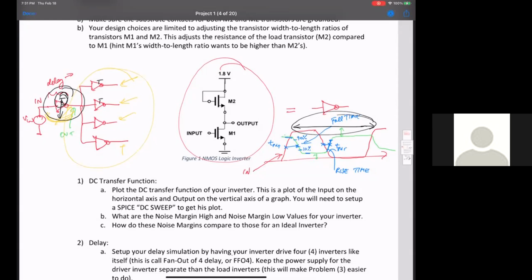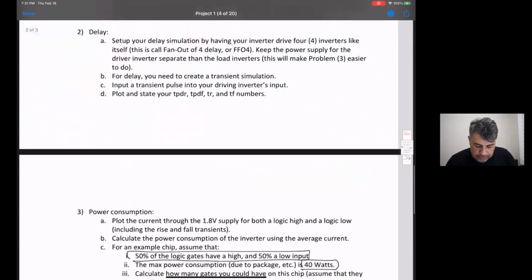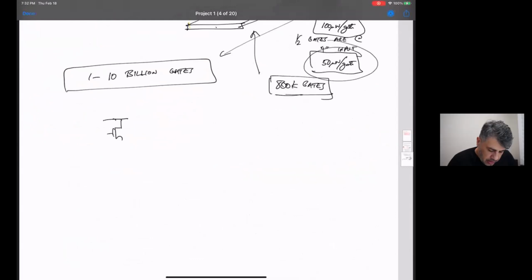Professor, for the power consumption, just to verify, you said to multiply the voltage source with the current, or do we have to find the average? Let's say if we just had this guy and this guy, and let's say this guy is 1.8 volts.